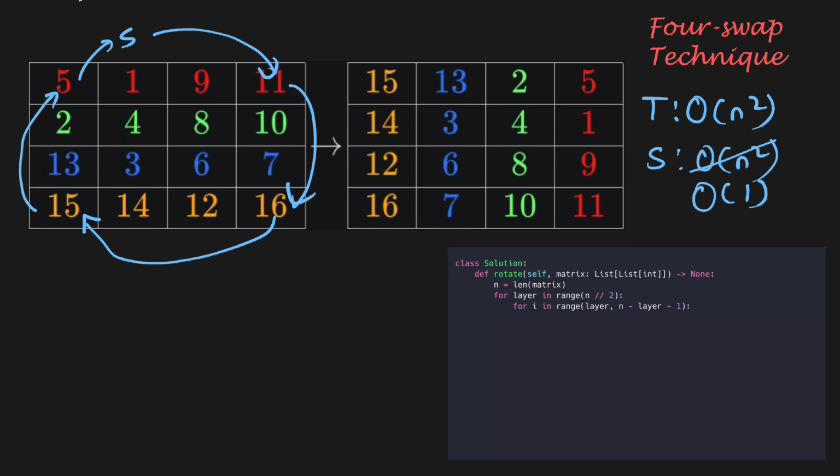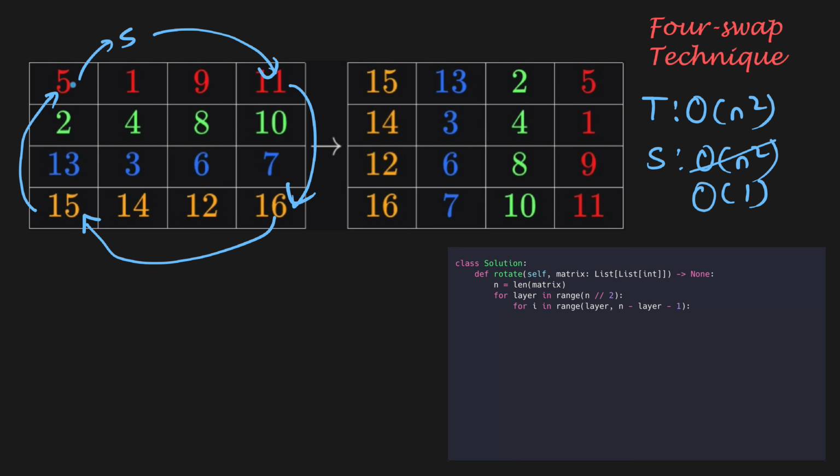Now let's see how we can programmatically get the positions of the top, right, bottom and left elements for swaps within the current layer. Let's say we iterate over the layers with the variable called layer, which represents the current concentric square being processed, starting from the outermost or 0th layer, and i be the iterator within the top row of that layer, moving from left to right, processing one element at a time, that is, swapping it with elements on the other sides.